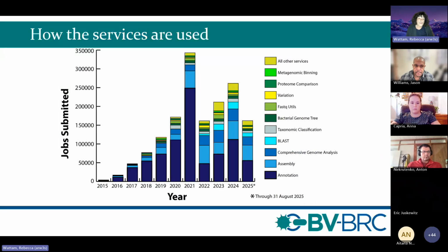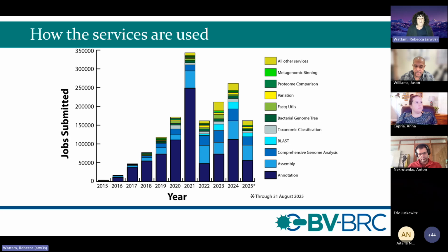We've been keeping track since we started providing bioinformatics services in 2015. And over the years, we can see that there's a lot of use of the tools. What I've broken it down into is the top 10 tools in the last year, and 2025 just goes through August, so I expect it'll match 2023.